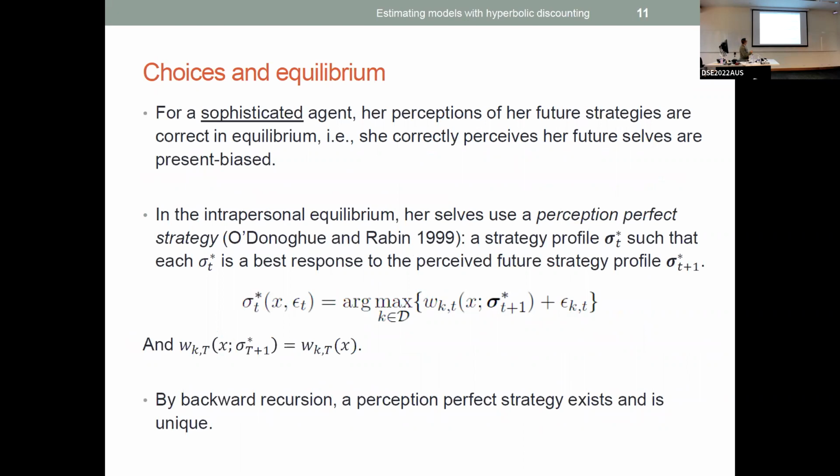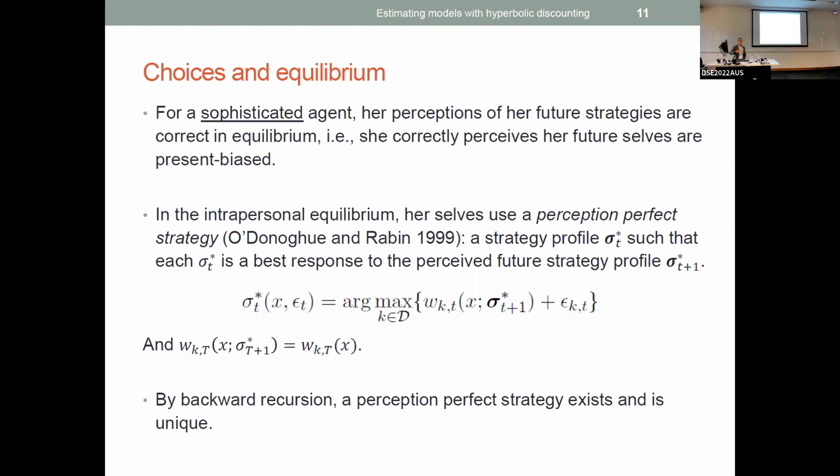Some more terminology. We call an agent sophisticated if her perceptions of the future strategies are correct in equilibrium, which means that a sophisticated agent correctly perceives that her future selves are present biased. But there are other variants of these models where agents are considered naive, which means that the current self thinks that her future selves are time consistent.